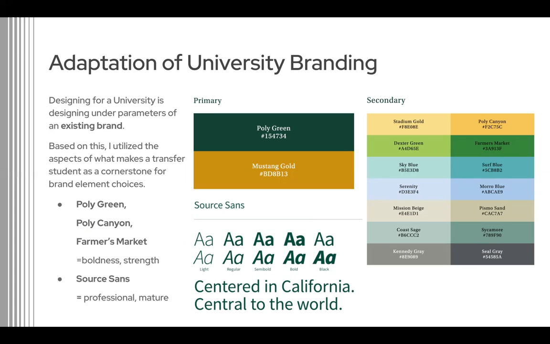And with that, I chose the colors of Poly Green, Poly Canyon, and Farmers Market, because to me, they represent boldness and strength, and they are the stronger color choices of Cal Poly's brand. And then in terms of typography, there were very limited options, but I ultimately chose Source Sans. This is because of its professional and mature nature, but also it is very versatile in its use.